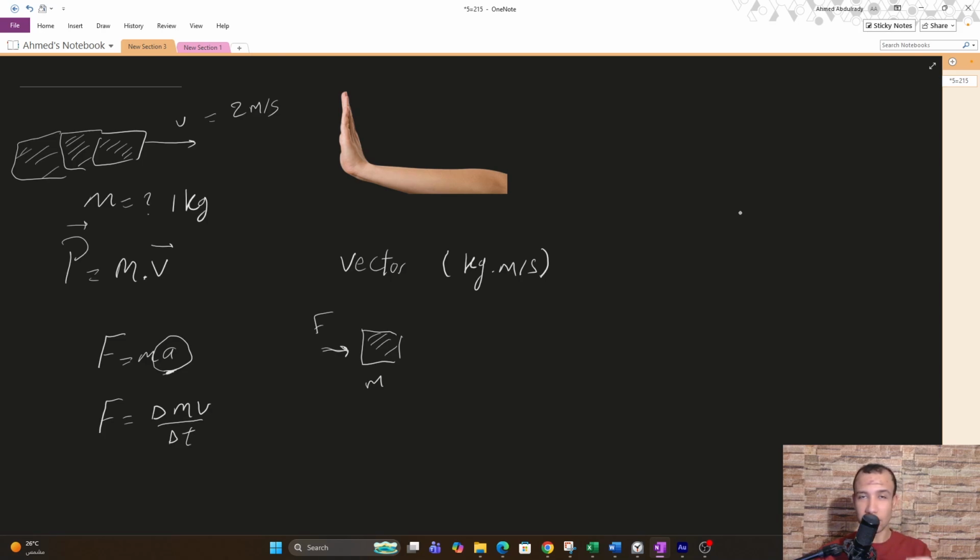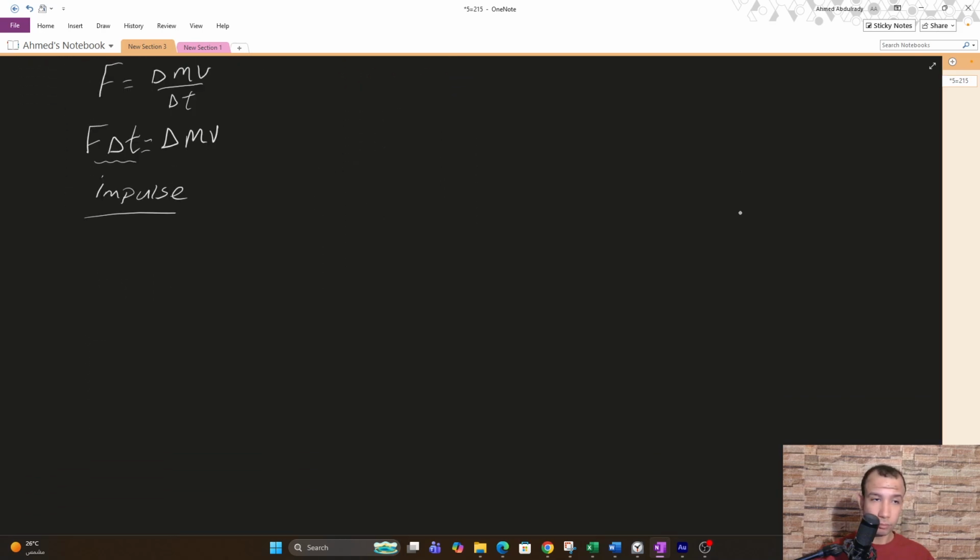It takes shorter time to get it to move, and to move faster, if you have a bigger force. All right, so F delta t equals m delta v. This term is called the impulse.